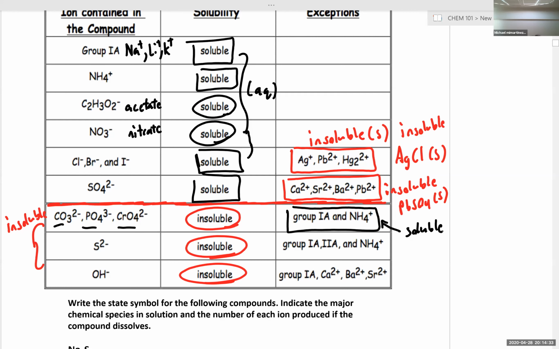For our carbonates, phosphates, and chromates, the group 1A and ammonium salts are soluble. And soluble tells us we put what symbol? What symbol indicates soluble? Aqueous, exactly right. So group 1A, 2A, and ammonium salts for our sulfides are soluble. And for our hydroxides are group 1A and then calcium, barium, and strontium.